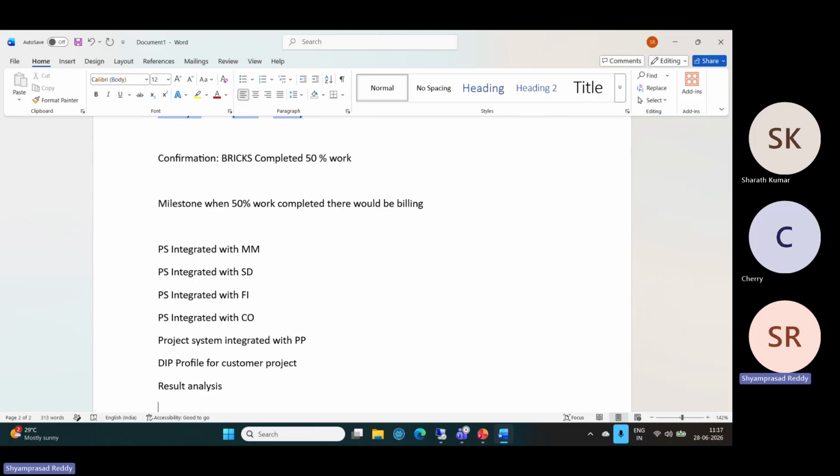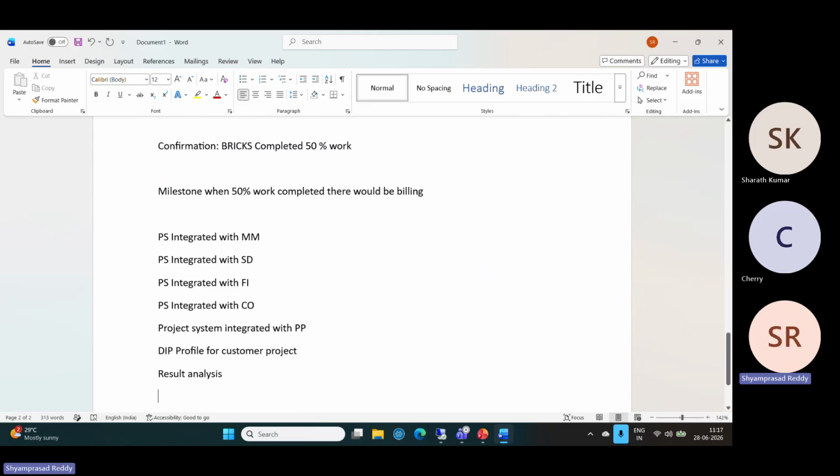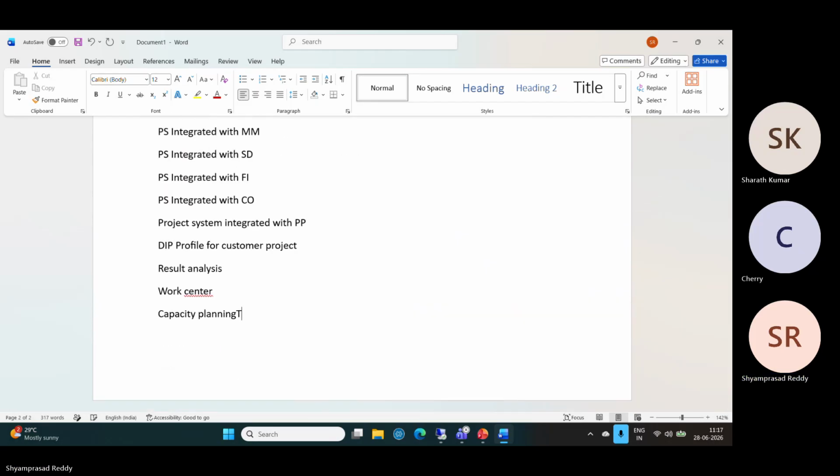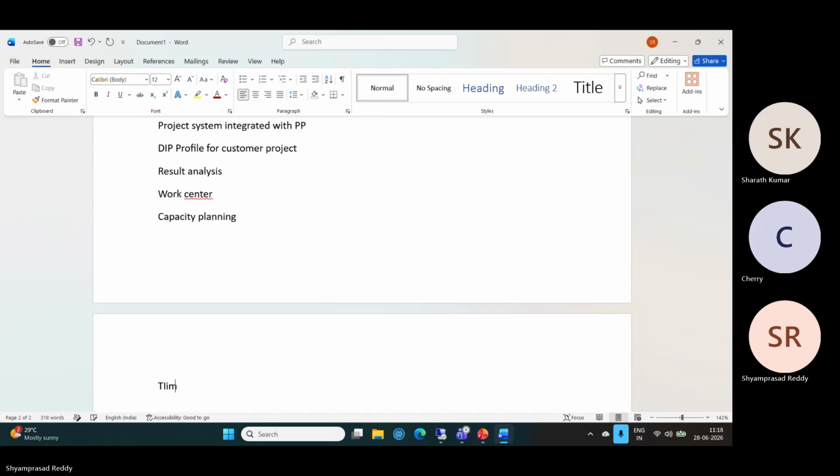Then there is work center, composite planning, timesheet planning, and resource planning.